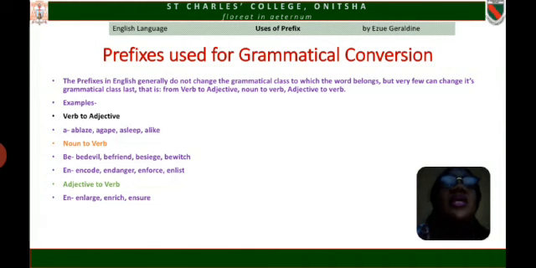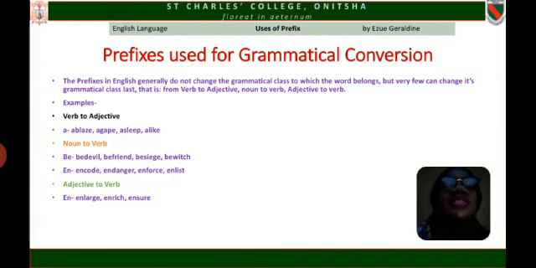Encode, endanger, enforce, enlist. Now, if you look at the root word of these verbs, code is a noun, danger, noun, force, noun, list, noun. But when we add this prefix, it changes these nouns to verb. That is what we mean when we say prefixes can be used for grammatical conversion.